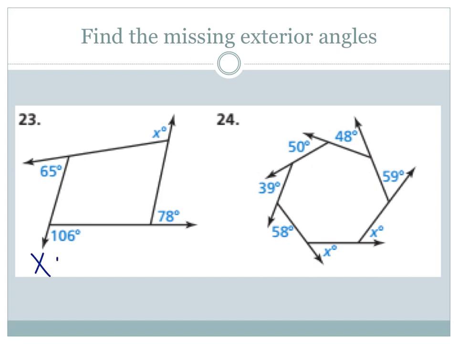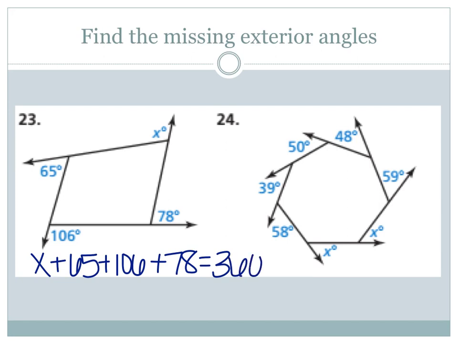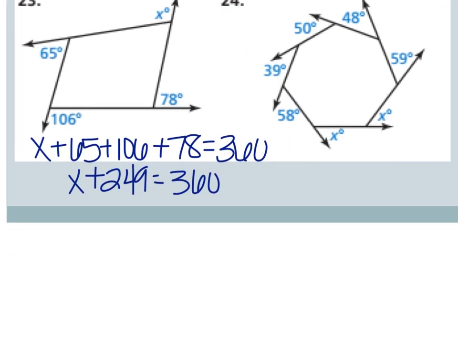So x plus 65 plus 106 plus 78 has to equal 360. 65 plus 106 plus 78 is 249. So x plus 249 equals 360. If I subtract 249 from both sides, I get that x is 111 degrees.